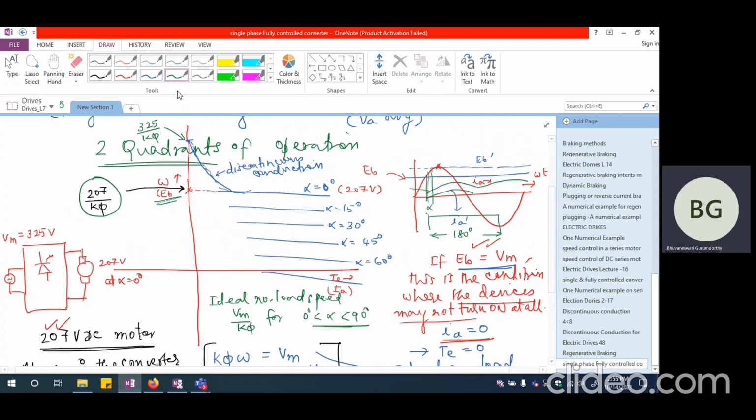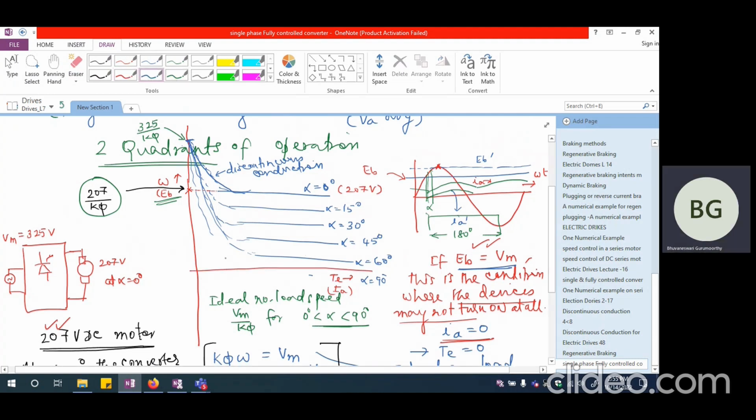So from 0 to 90, I will have to join all the characteristics at the same no load speed only. I am going to have all of them joining at the same no load speed point. If I call this alpha equal to 90, I am still going to have this somewhat like this.